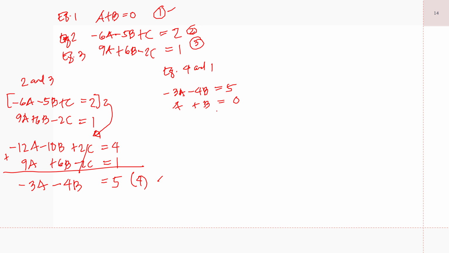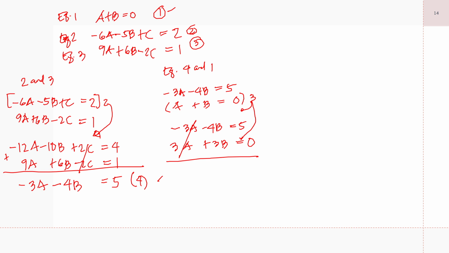We have to multiply equation 1 by 3. So the transformed equation 1 will become 3a plus 3b is equal to 0, and equation 4 stays negative 3a minus 4b is equal to 5.